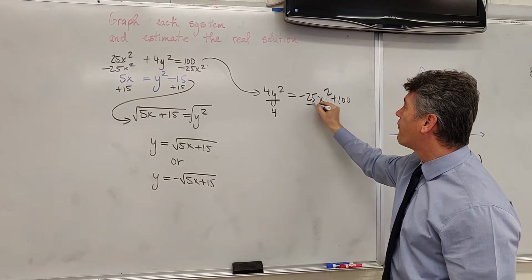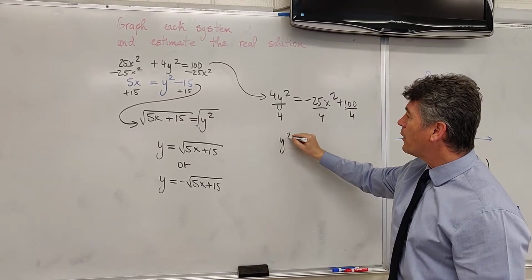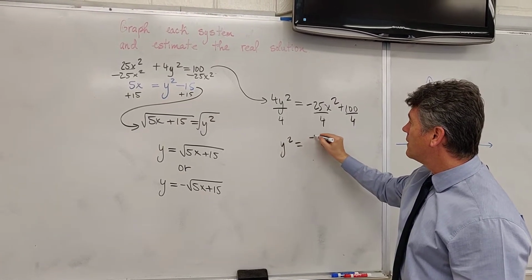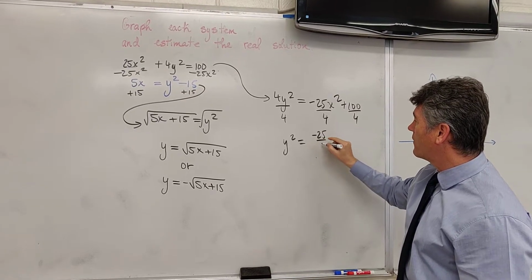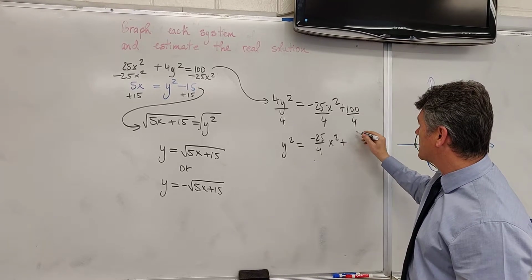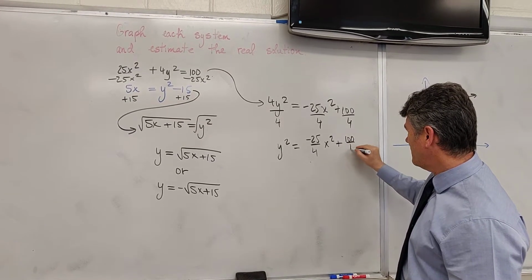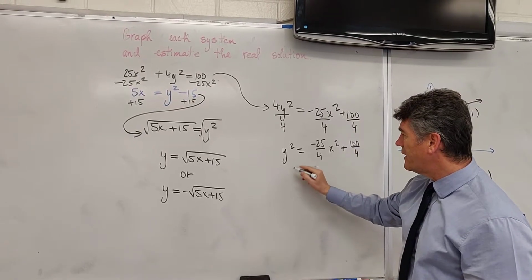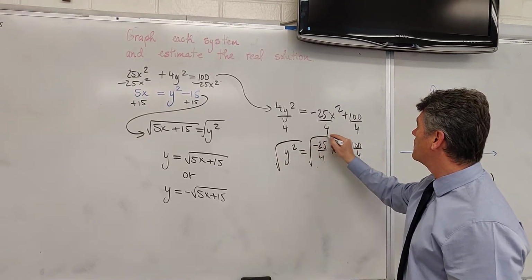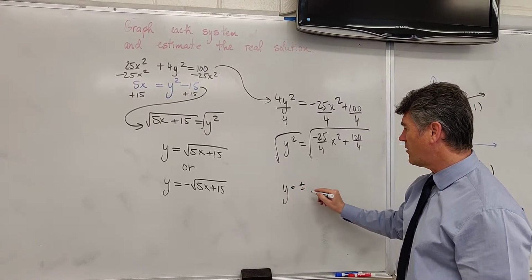I'm going to divide everything by 4. And so I have y squared is equal to negative 25 over 4 x squared plus 100 over 4. Yes, I could simplify it. I'm going to take the square root now. I'm going to have y is equal to plus or minus.